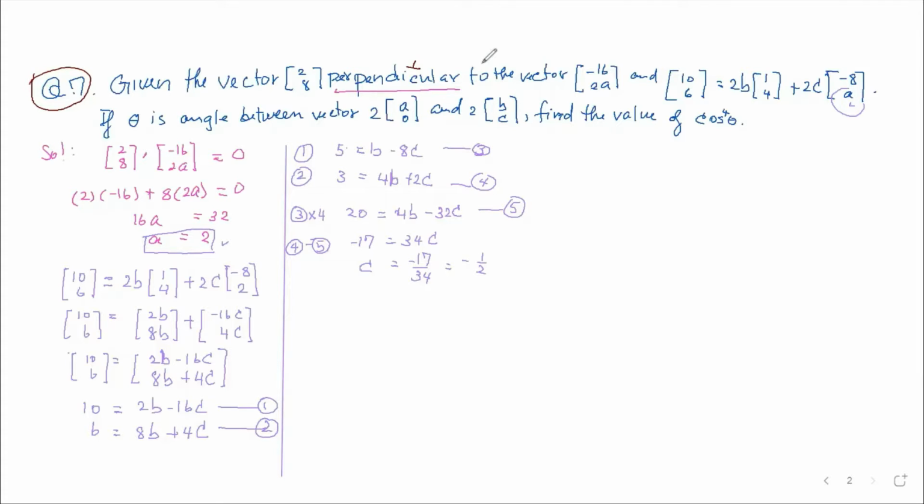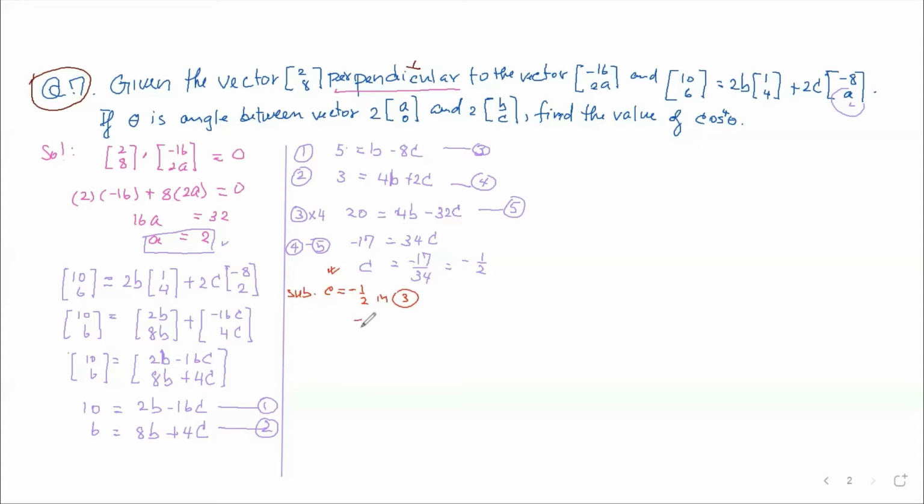We have now c equal to negative 1 over 2. I just mark it down here. C equal to negative 1 over 2. After this, we can get b, correct? Replace in any equation you want. So the easiest is to substitute c equal to negative 1 over 2 in equation 3.